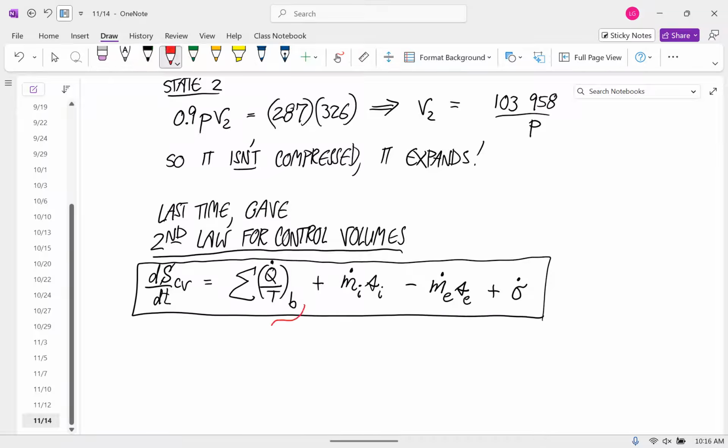Okay, so this is for an actual cycle, not an ideal cycle. Whenever you see one of these squiggly d q's over t's, those integrals, or this sum, you have to ask yourself, am I thinking of an actual process or an ideal process? Okay. And then this thing is the rate of entropy production.